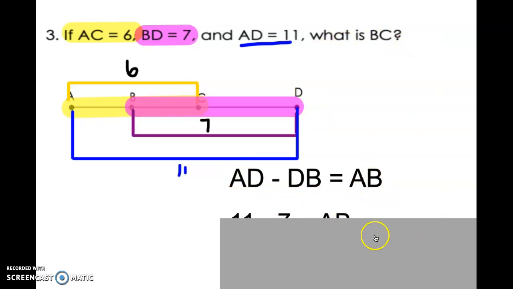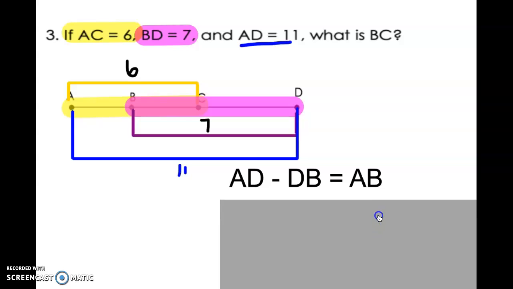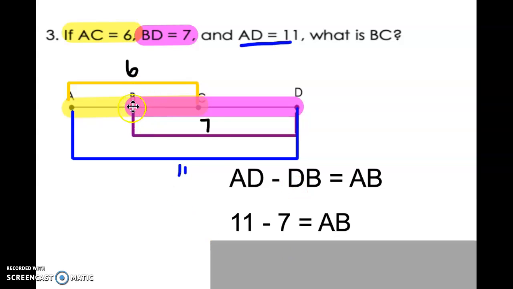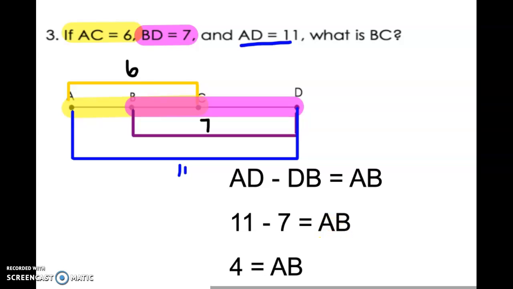Notice we can't find BC right away. We're going to find AB and then use that to figure out what BC is. So AD, the whole entire segment is 11, so we have 11 minus 7, because that's DB, equals AB. When we do that, we get that AB is equal to 4. So I'm going to go add that piece of information to our picture. AB here is equal to 4.